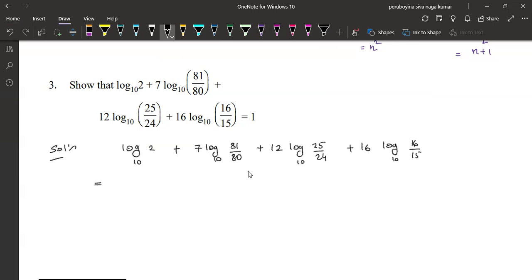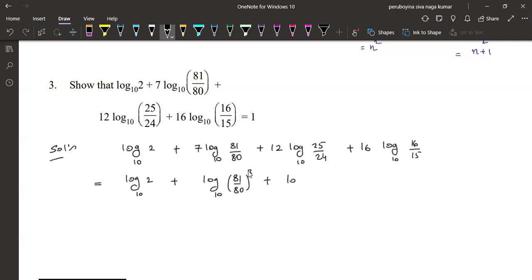Now we already solved this kind of problem. So log 2 base 10 plus log 81 by 80 whole power 7. Of course, it has base 10.